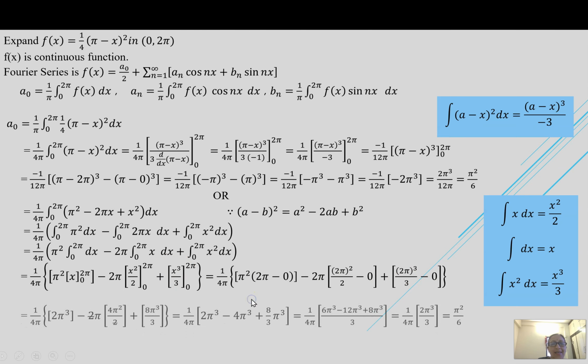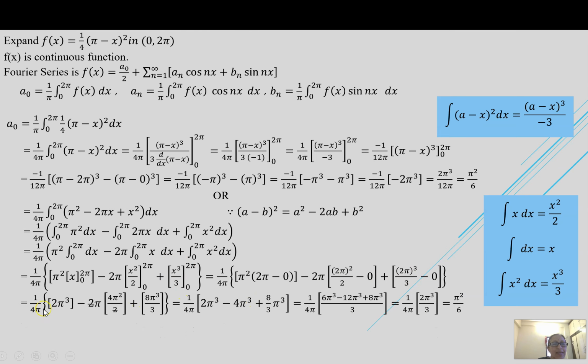So after simplifying these square brackets, we get 1 by 4 pi into [pi square into 2 pi, that is 2 pi cube, minus 2 pi into (2 pi) whole square, means 4 pi square by 2. Here this number will get cancelled, plus here third square bracket (2 pi) whole cube, that means 8 pi cube by 3]. That is 1 by 4 pi into [2 pi cube minus 4 pi cube plus 8 pi cube by 3].